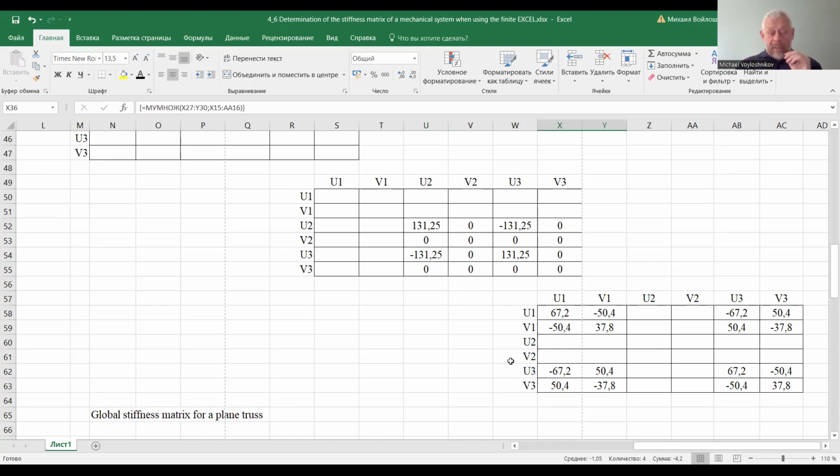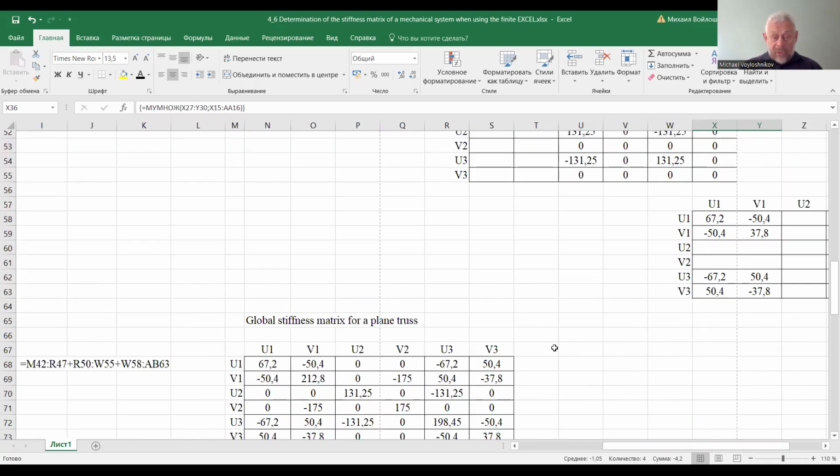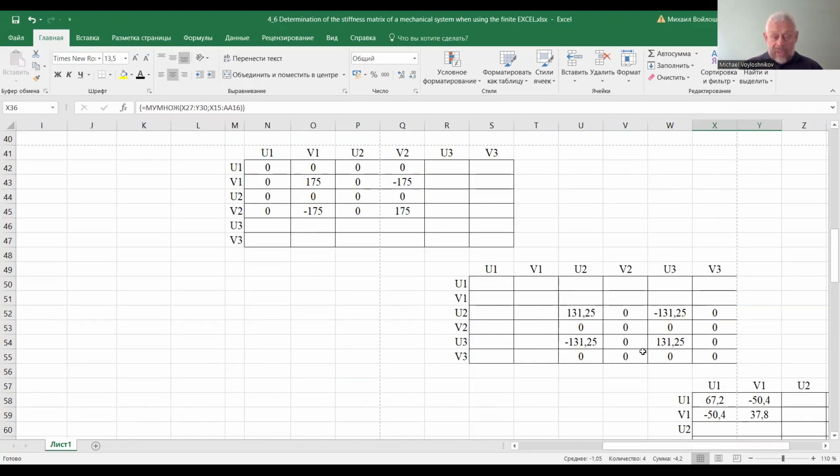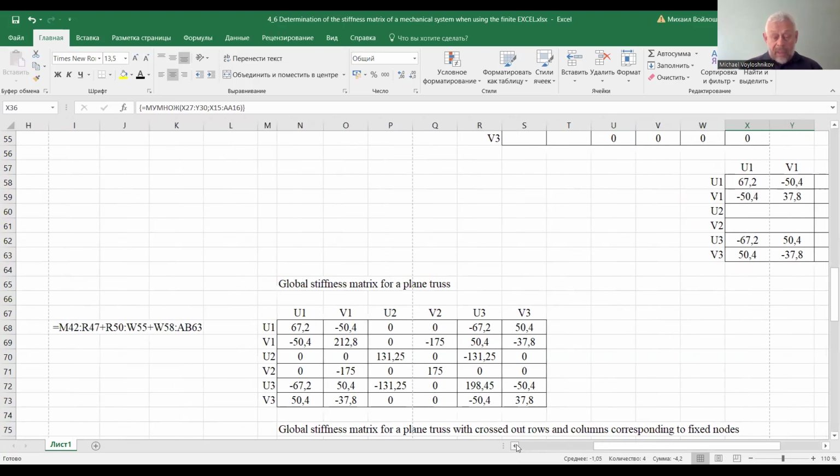It looks like the places are separated, but that is not so important. After that, we can find the global stiffness matrix of the plane truss. How? We just have to find the total of these 3 matrices, which is indicated here in the formula.